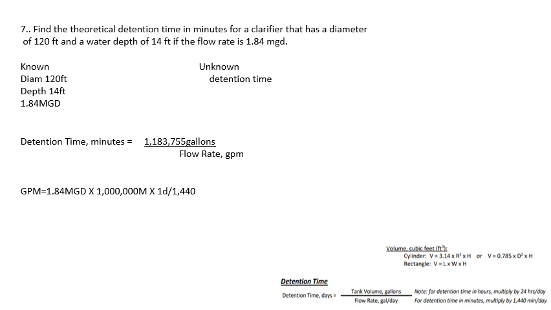Put in your 1.84 million gallons a day times a million. You'll end up dividing by 1,440 minutes in a day. That gives you an answer of 1,278 gallons per minute. So just remember, when you're answering these questions, you need to answer them in the denominator it's asking for, and this one is asking for minutes.